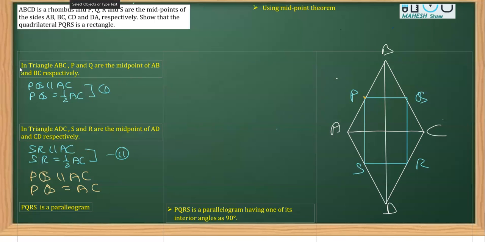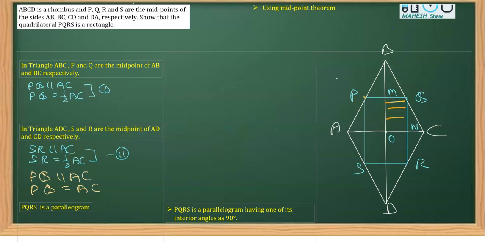So I've joined BD here, and let's say I name this point O, being the point of intersection of these diagonals AC and BD. I'm naming this point as M and this as N.